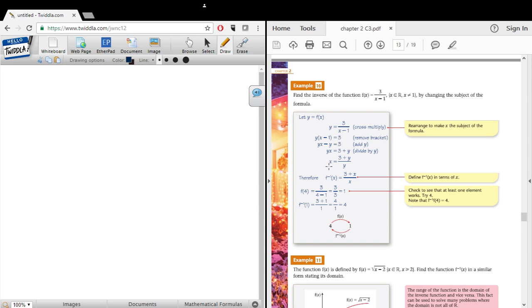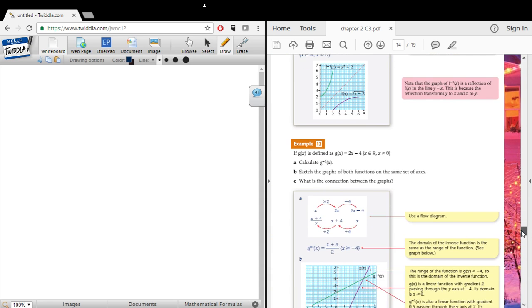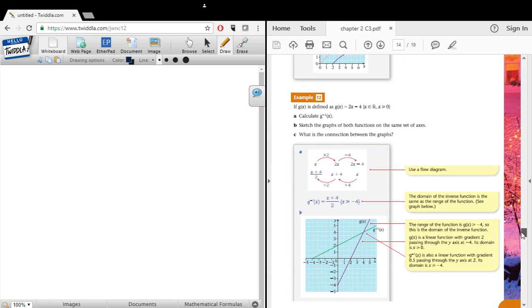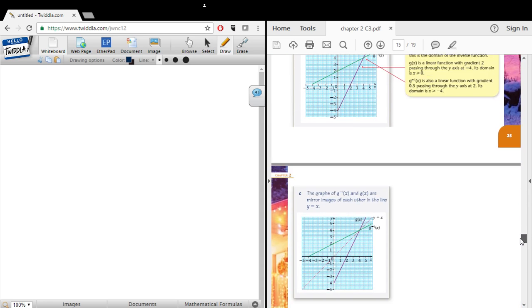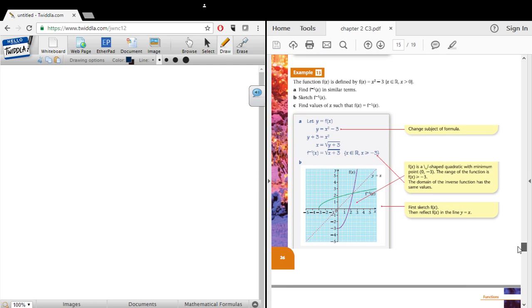And so we can ascertain the inverse by just simply changing out the variables, so making everything in the inverse of f in terms of x. And then we can double check to make sure that this works by plugging in some numbers. And so we have some more examples here that you can go through to appreciate some of the workings out and some of the questions that you may be asked with regards to the question.